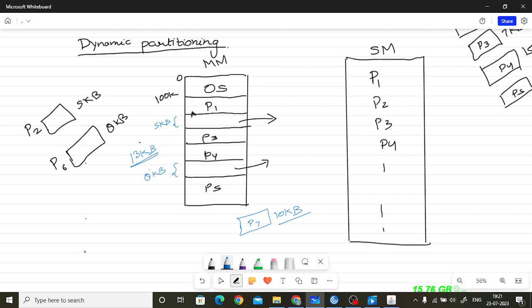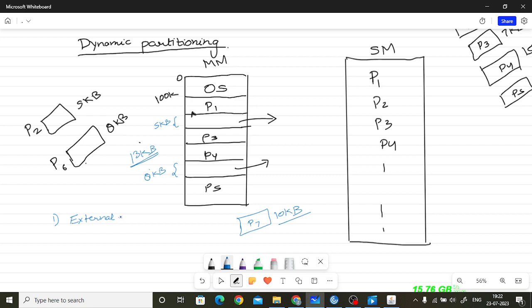So this is external fragmentation. We have external fragmentation in the dynamic partitioning method, but we do not have internal fragmentation. The internal fragmentation condition is removed by using dynamic partitioning.